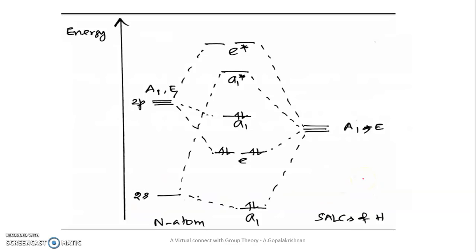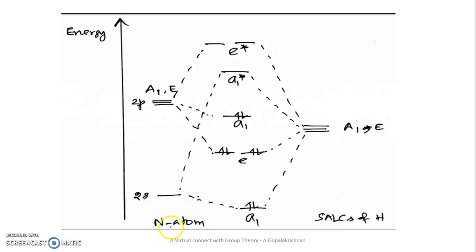Now what is the molecular orbital diagram for ammonia? In ammonia, the 3 hydrogen atoms form SALCs, and because of these SALCs you will get 3 group orbitals. One belongs to A1 symmetry and the remaining 2 belong to E symmetry. All have the same energy, they are degenerate. Remember, when surrounding atoms form group orbitals, these group orbitals will have the same energy.